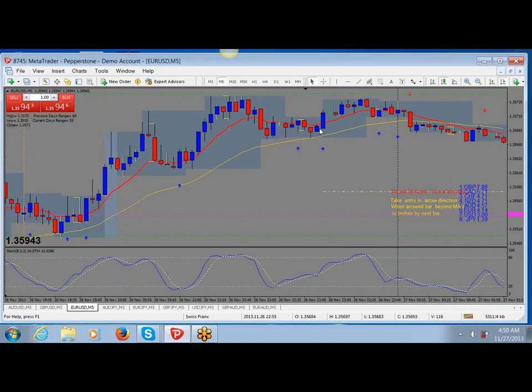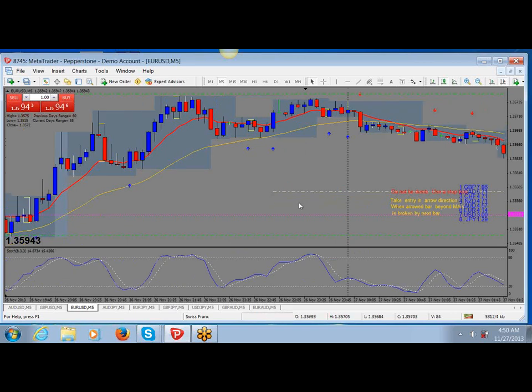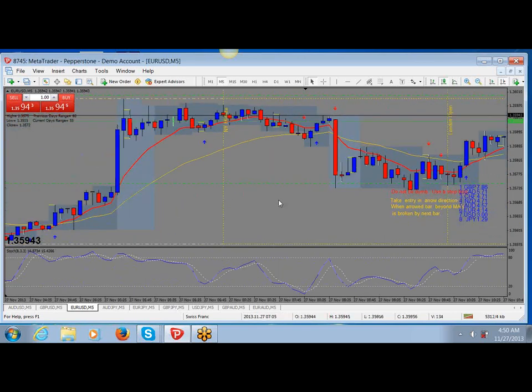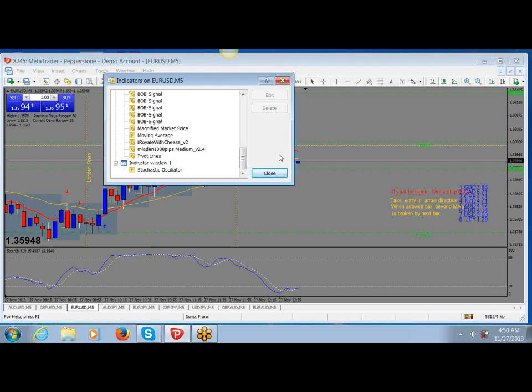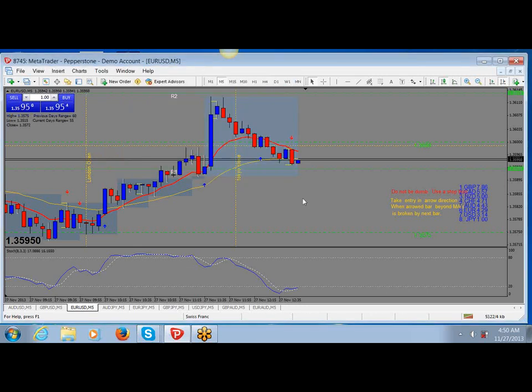If you just open up your indicators for a second. Can you see that? Yeah. So you have all those Bob signals. You have to do each one, each individual hour. How did you change them? What did you put? That's what I'm asking. Okay, let's look at this one.